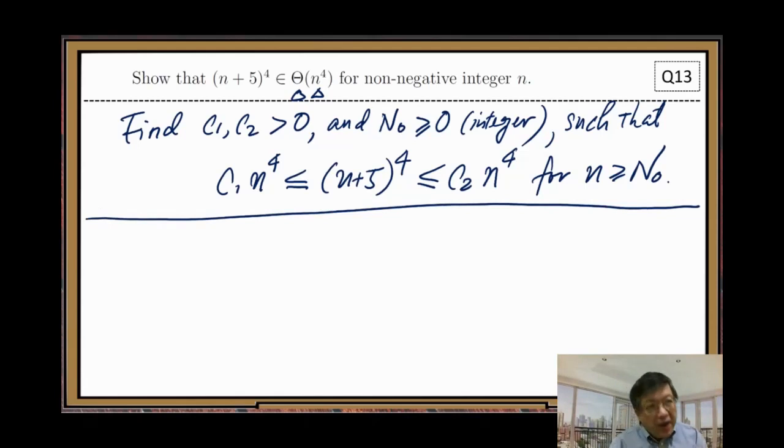But here, let me point out, many students tend to use a complicated way to solve this. I notice many students expand (n plus 5) to the 4th into many terms, which is pretty long, then do the estimate.